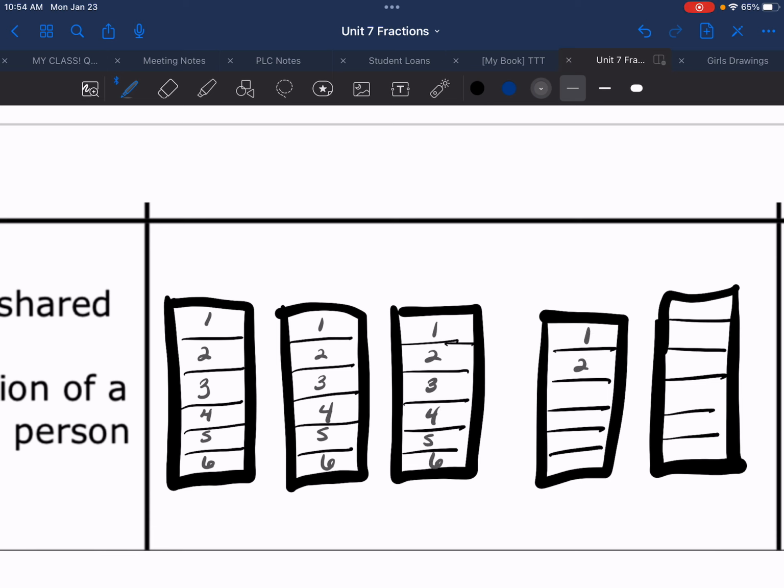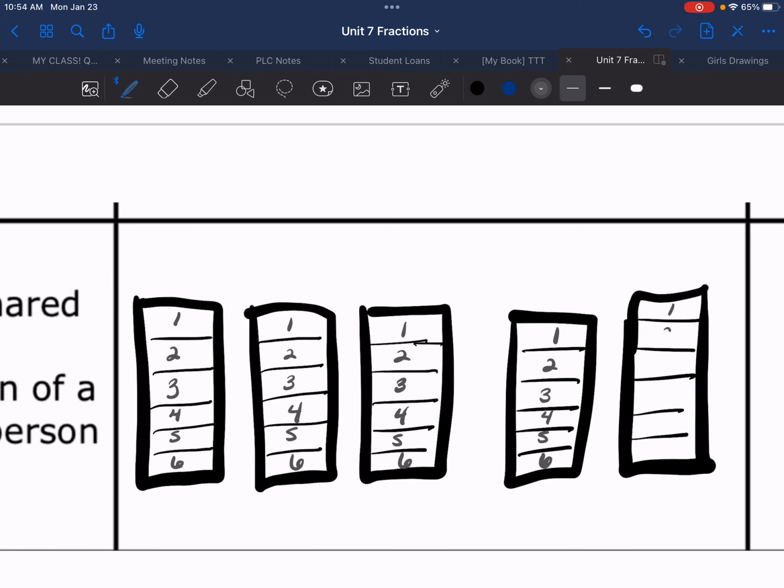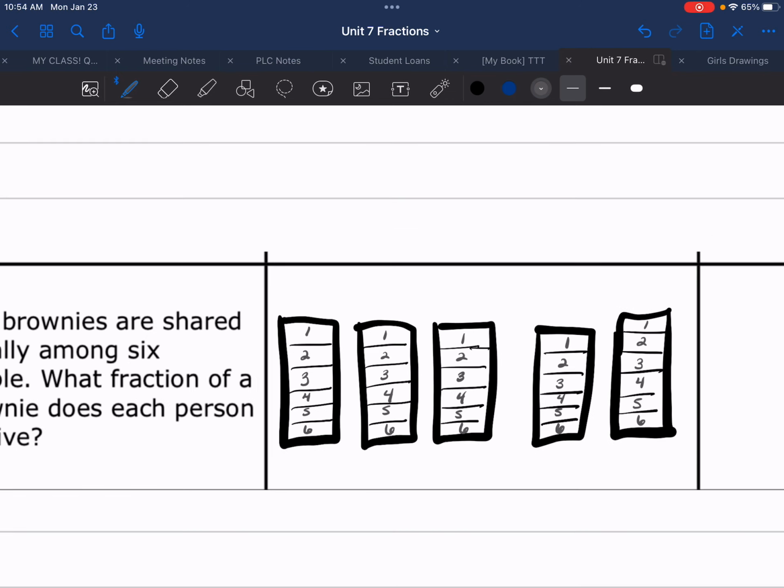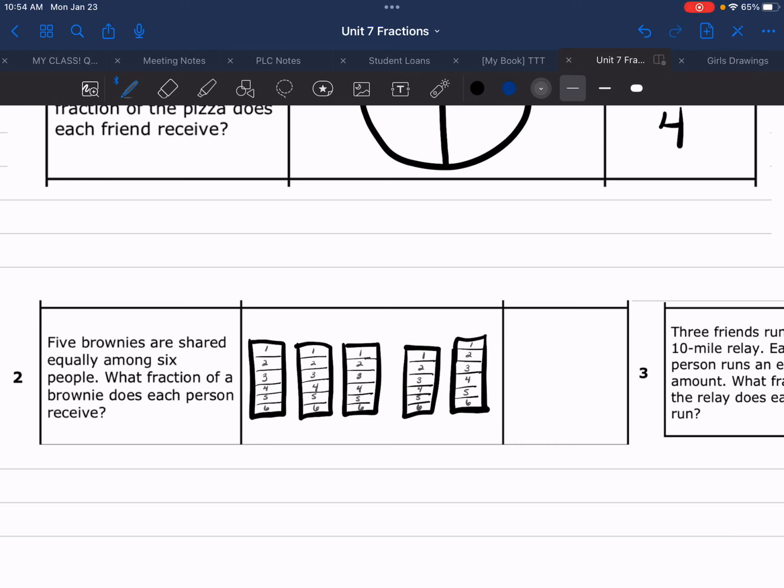I don't think this is really practical for somebody to eat such small pieces of brownies, but we need to answer the question, how would it be split? And this is not the only way to do this. There's other ways to do it, but this is, I feel like, the more surefire way.